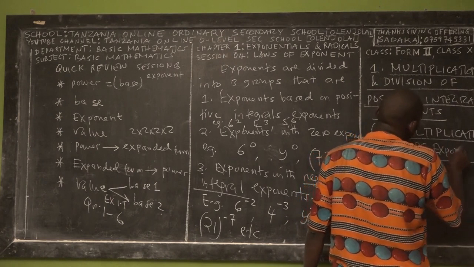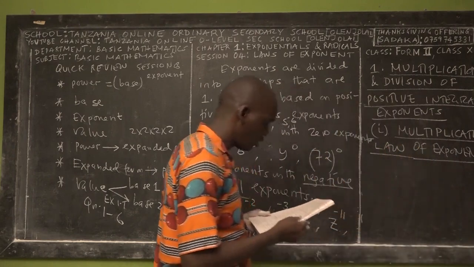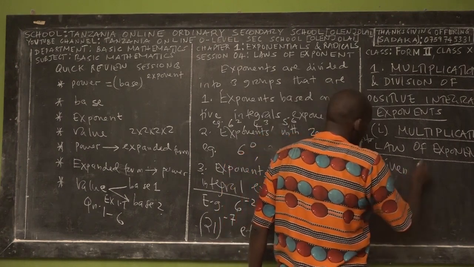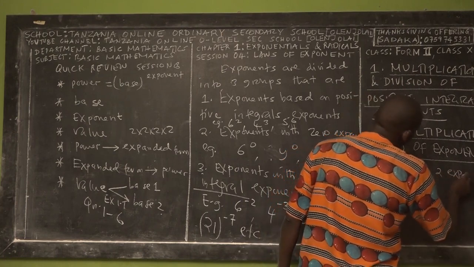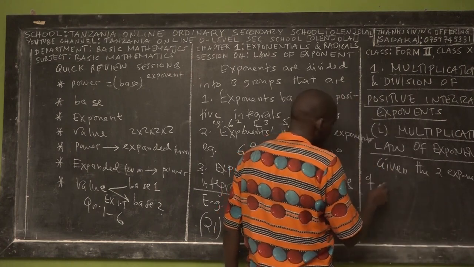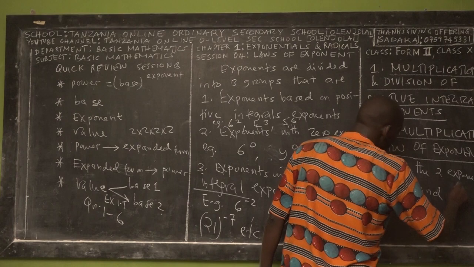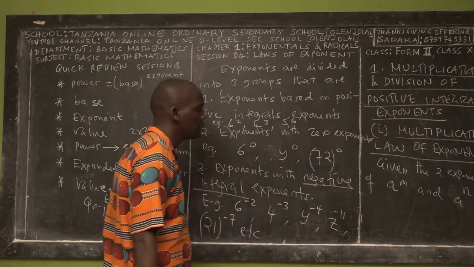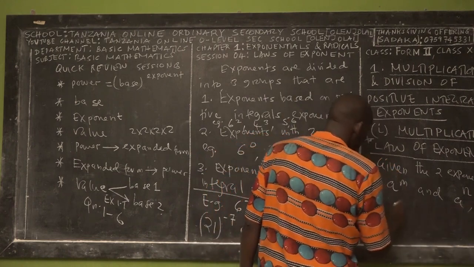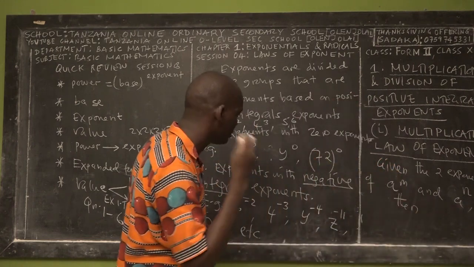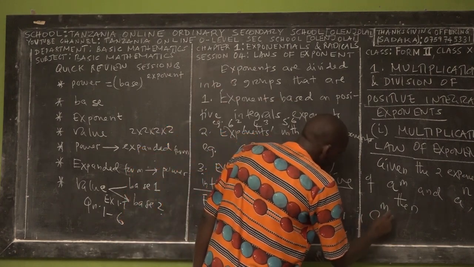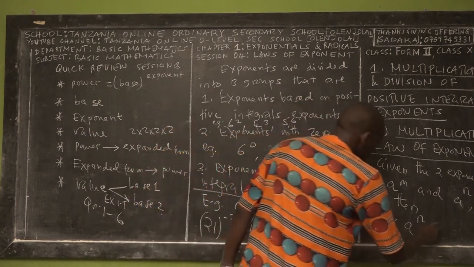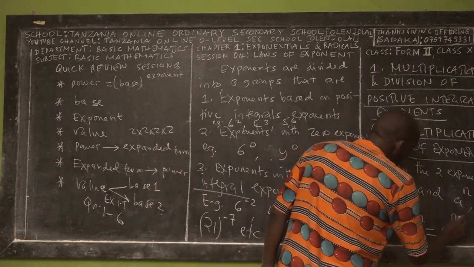Given two exponents, a power m and a power n, if you are finding the product, multiplying a power m with a power n, under the condition that they have the same base, the law states that it is equal to a power m plus n.